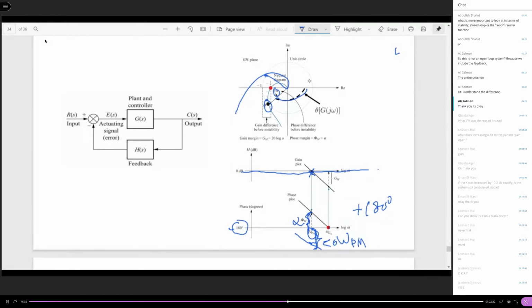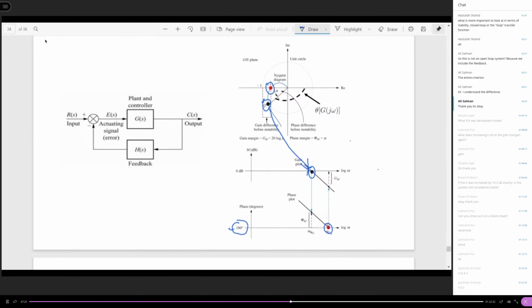Let me repeat that again, okay? Through this correspondence process, you can identify two crossover points. One is the phase margin crossover point, where you need to look at the 0 dB line.